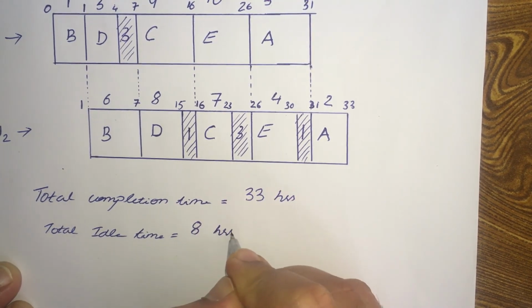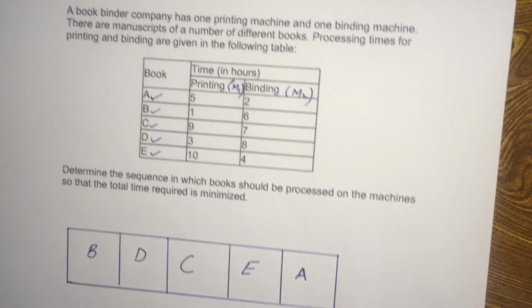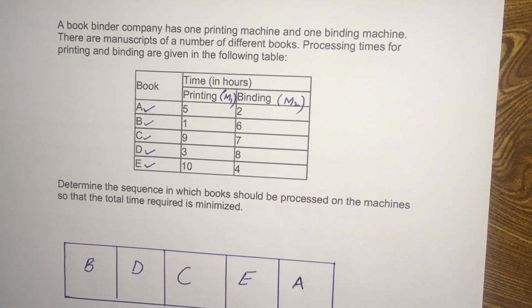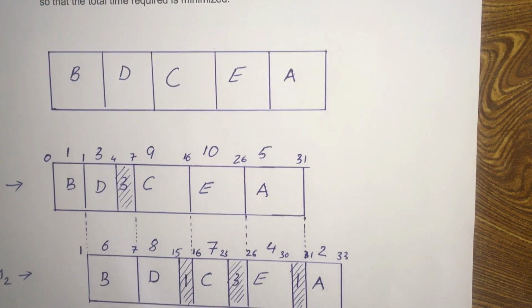So there's an idle time of 8 hours. So this is how you solve a sequencing or prioritization problem using Johnson's rule.